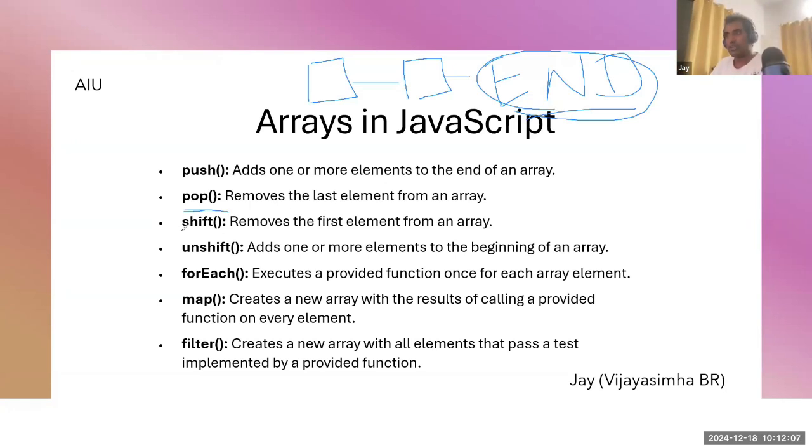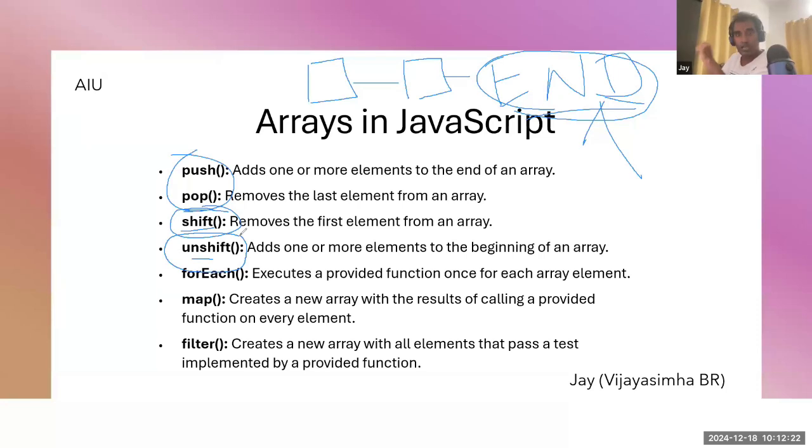Let's keep going. So shift and unshift. This is similar to push and pop, but the difference is push and pop are about doing something at the end of the array, whereas shift and unshift are about adding and removing things at the beginning.